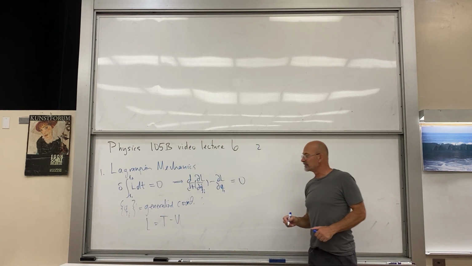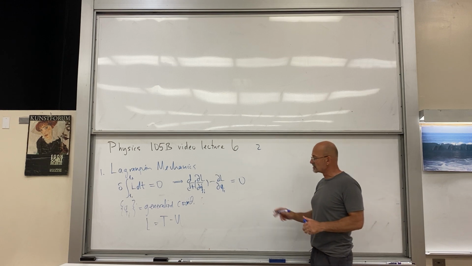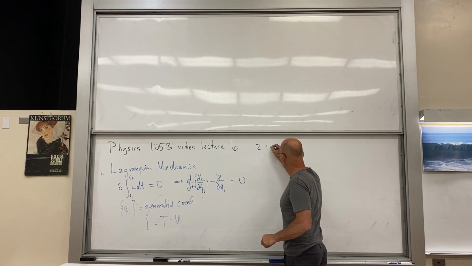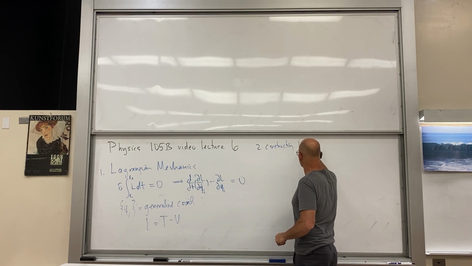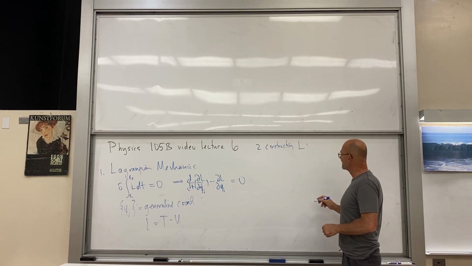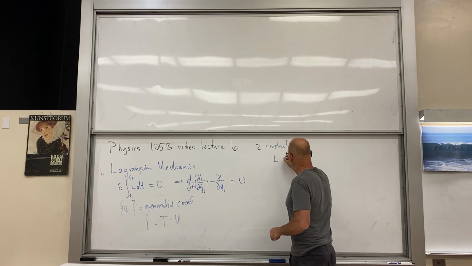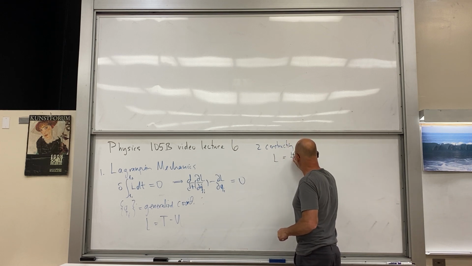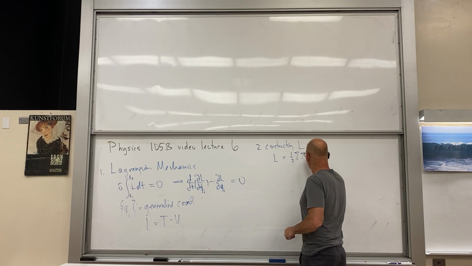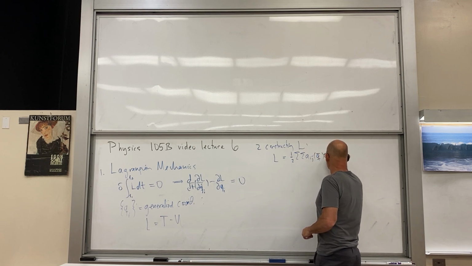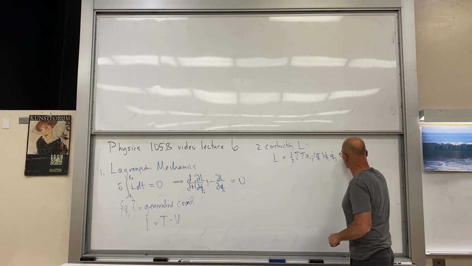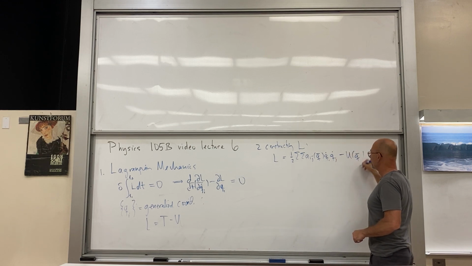Last time we talked about constructing the Lagrangian. We had some examples. So constructing L, in particular, we had to get L in this form, A_ij of q, q_i dot, q_j dot, minus V of all the q's.